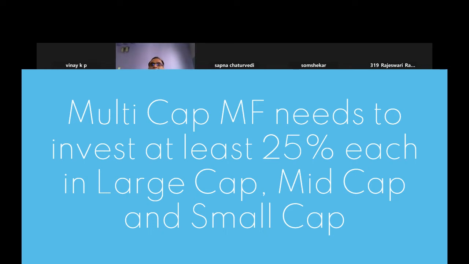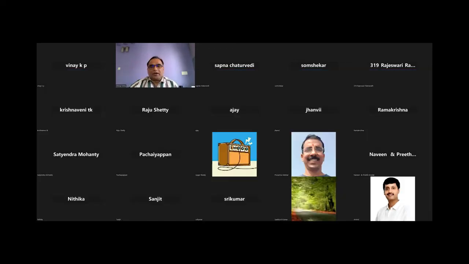For the remaining 25%, the fund manager can decide where they want to invest. But 75% strictly has to be in 1/3, 1/3, 1/3. Again, there are some popular multi-cap strategies. One of the things which I like is Quantum Active Fund, but it keeps on changing, right? So that is one category.